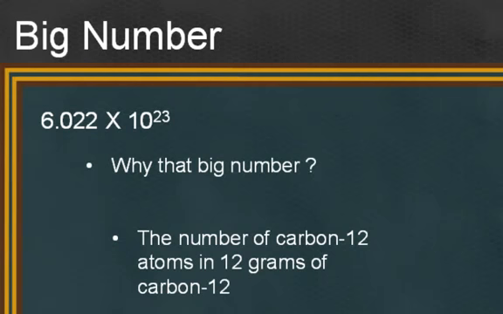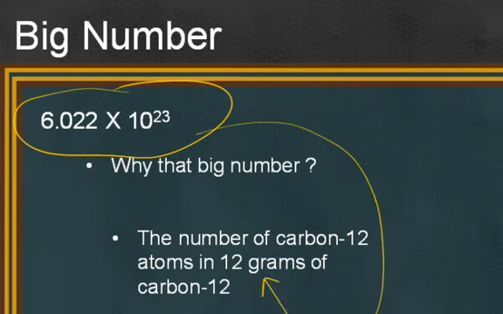Well, why did we choose that big number to relate the macroscopic world with the microscopic world? Well, that's because 6.022 times 10 to the 23rd is the number of carbon-12 atoms in 12 grams of carbon-12. Carbon-12 is an isotope of carbon that has a mass number of 12, 6 neutrons and 6 protons. And so it turns out that this number, 6.022 times 10 to the 23rd, is the number of atoms that weighs 12 grams.